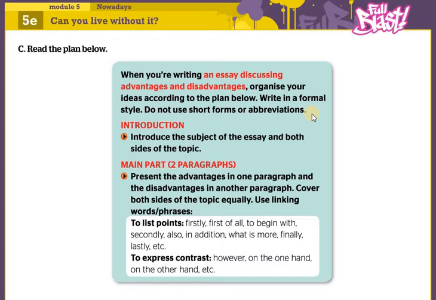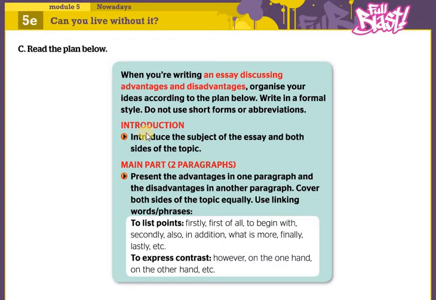For example, don't write the short form, but write you are. This is an informal style; you have to write you are. This is the way to write formally. Do not use short forms or abbreviations. You write words in full form.